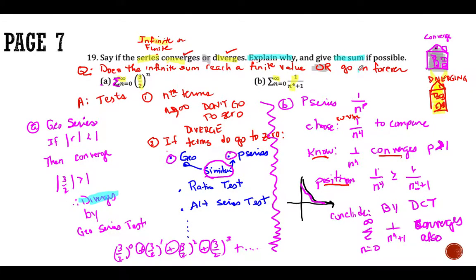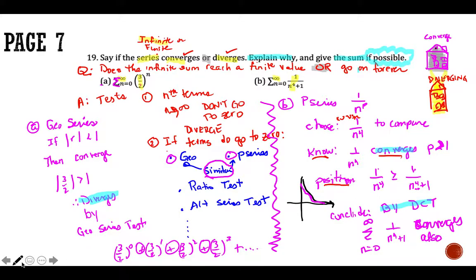I go on forever. If I have a p-series, the p-series converges, and I explained why it converges. But if it converges, I'm supposed to give the sum if possible.